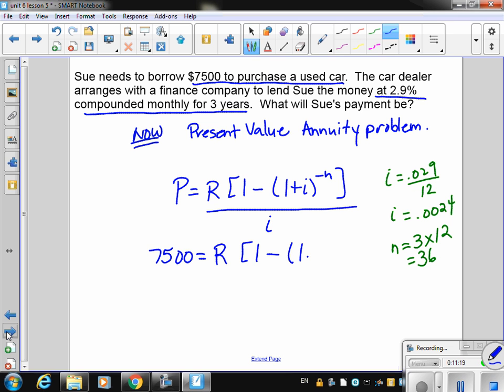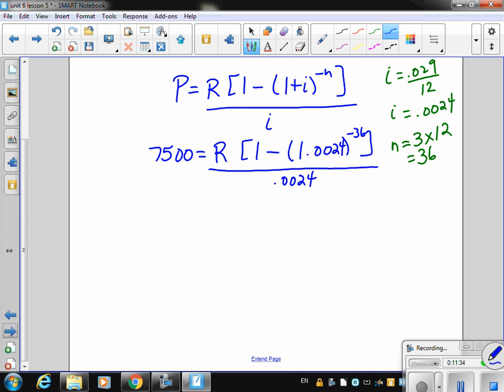Decimal 0.0024 to the negative 36 all over decimal 0.0024. Okay, carefully now. I'll try not to get my decimals in the wrong spot. I want to get R by itself. I want to get rid of that decimal 0.0024 by multiplying both sides by decimal 0.0024. So that will get rid of that, and I now have 18 on the left side equals R times this ugly business.